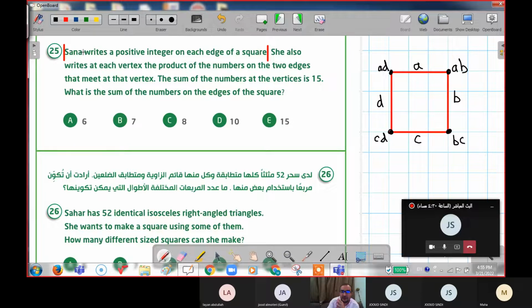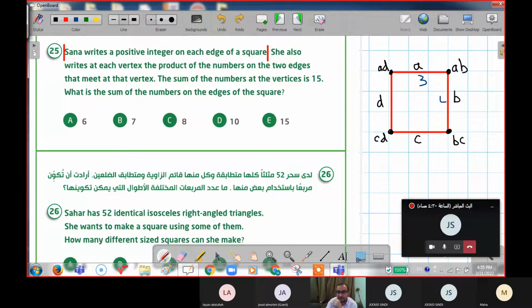No. So Sana writes, for example, here 3, here 4, here 5, here 6, 7, 8, but I don't know which number is A, B, C, or D. A, B, C, and D are all unknown numbers, but I know that they are positive integer numbers.